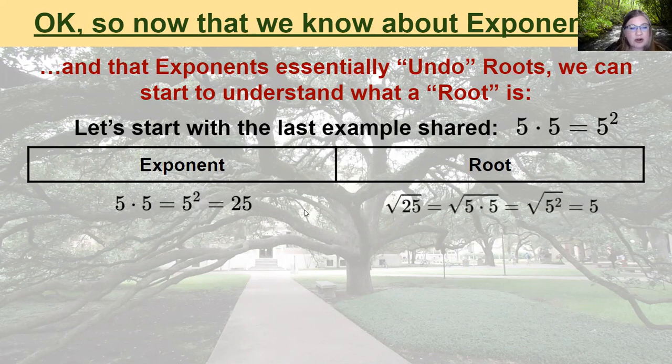So we have the square root of 25. We start on one end and we go backwards. We can break the 25 into 5 times 5, and we know that the two 5s is really another way of writing 5 squared, and this squared will undo the square root. So essentially the answer of the square root of 25 is 5. Just as 5 times 5 is 25, the square root of 25 is 5.